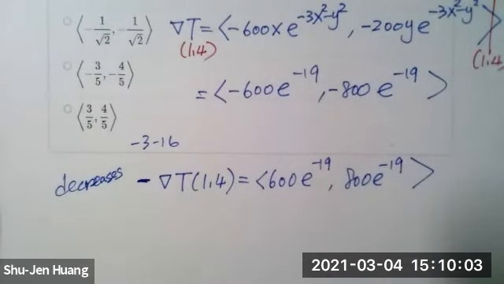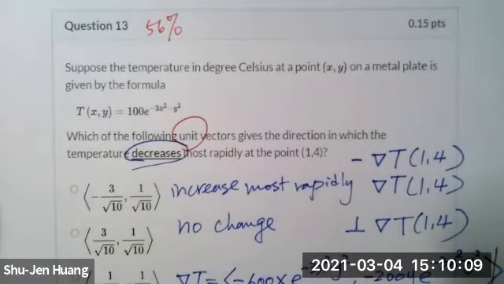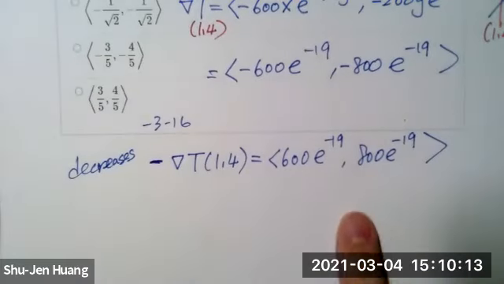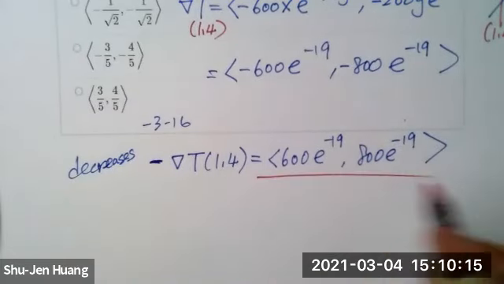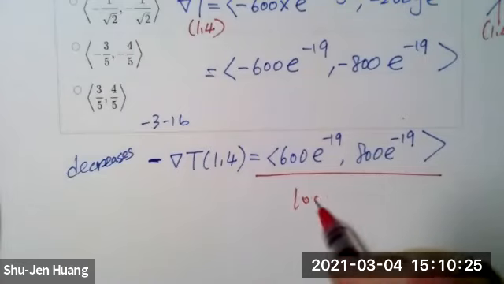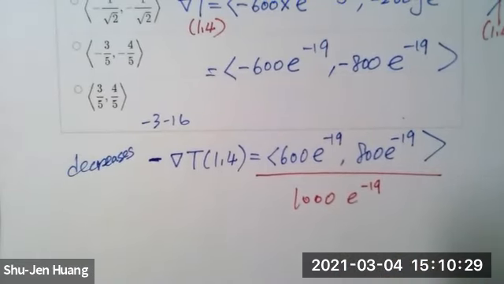But it is asking for the unit vector. So how are we going to get the unit vector? Divide by the magnitude. And what's the magnitude? The unit vector becomes 3/5, 4/5.